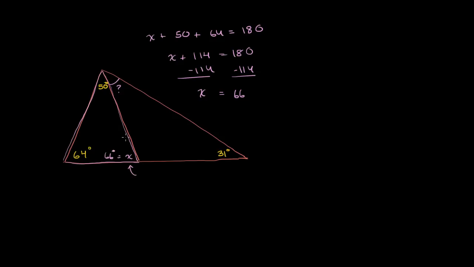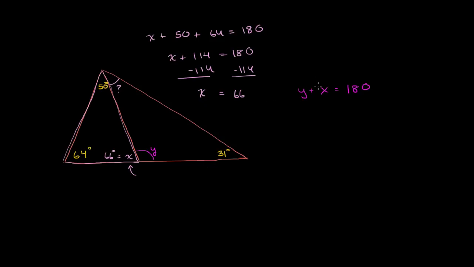Well, if we know the measure of this angle right over here is 66 degrees, we know that that angle is supplementary with this angle right over here. Their outer sides form a straight angle, and they are adjacent. So if we call this angle right over here y, we know that y plus x is going to be equal to 180 degrees.